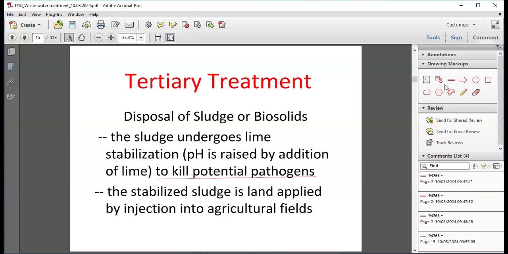So you can understand this one. The pH is raised by the addition of lime. Right? The stabilized sludge is applied by injection to the agricultural field.